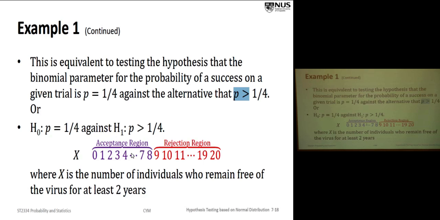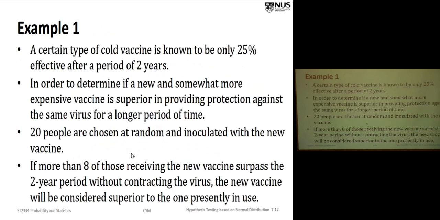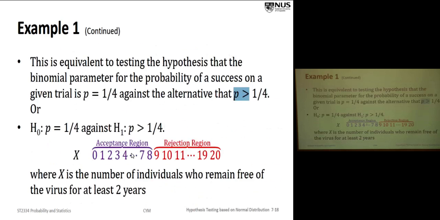So the rejection region in this case is the collection of values 9, 10 up to 20, and the acceptance region is when at most 8 people are okay, do not contract the virus.